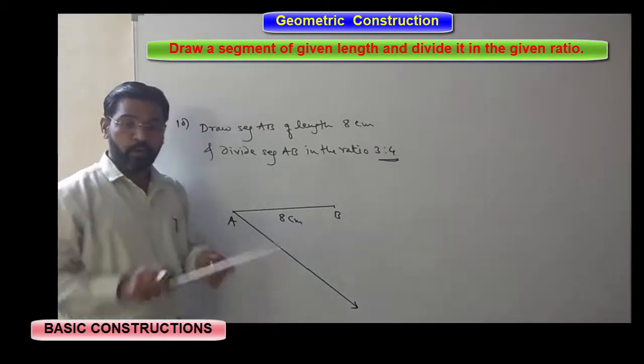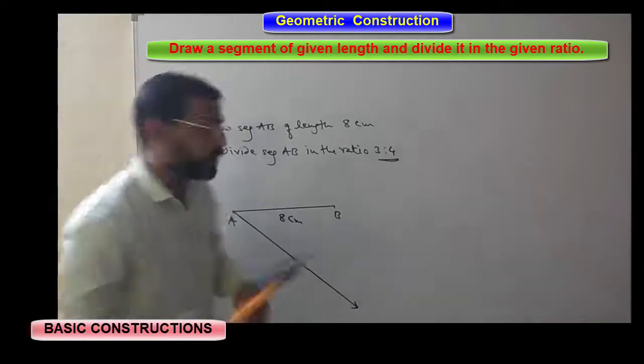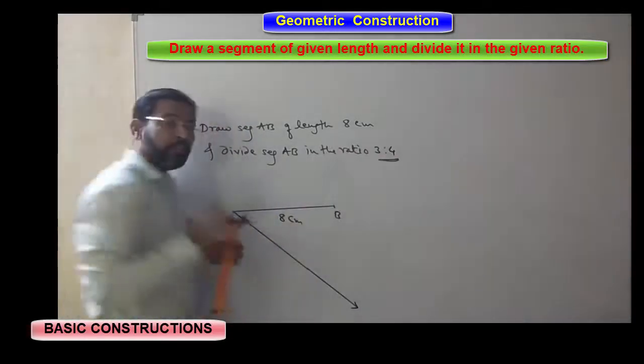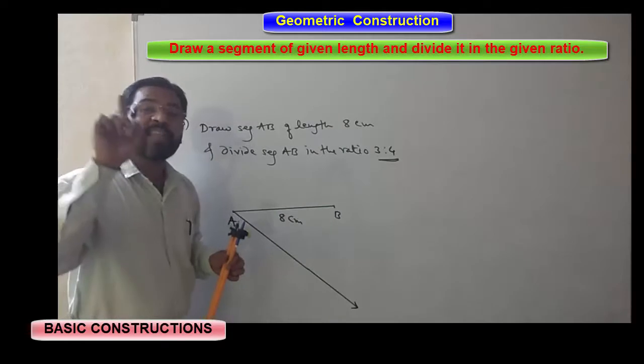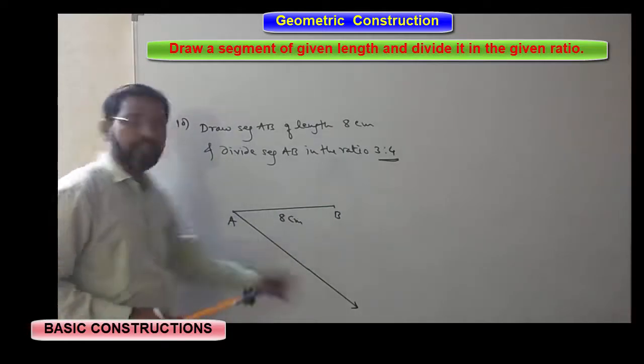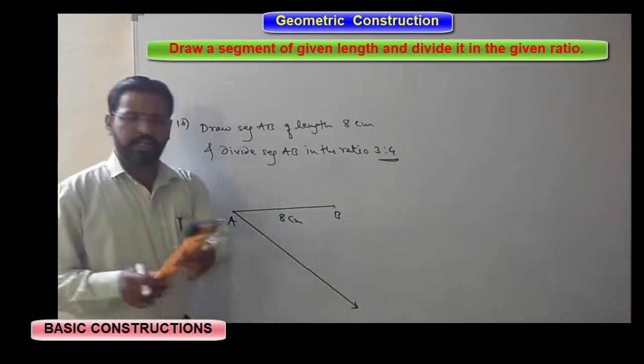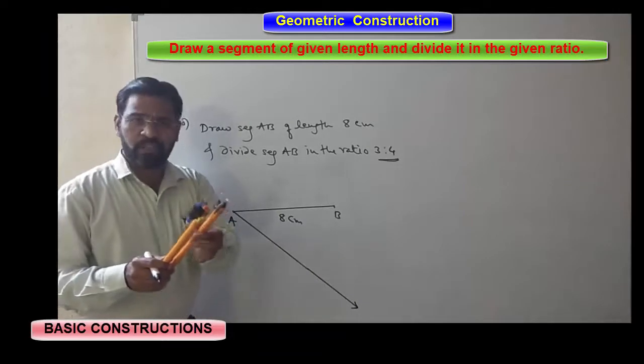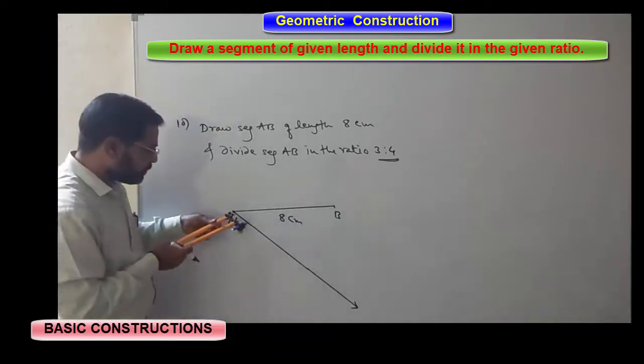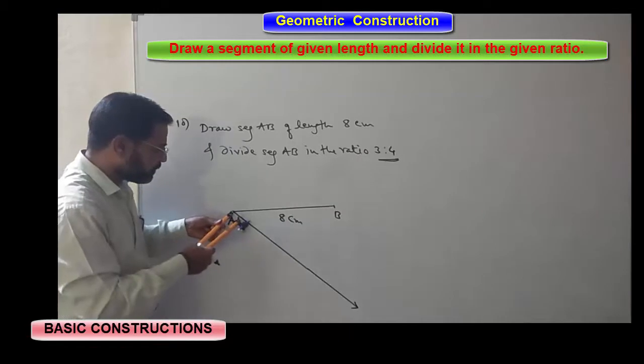Okay friends, now look here. This is now very important. 3:4 means 3 plus 4, 7 parts I am going to make on this ray. Take some distance in the compass, like this one, and put it here.